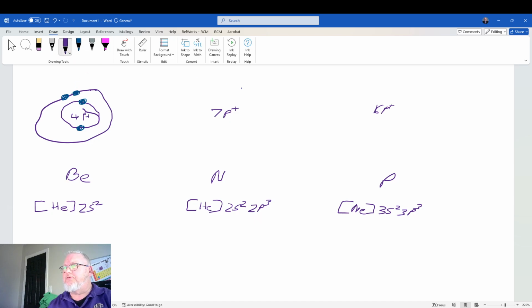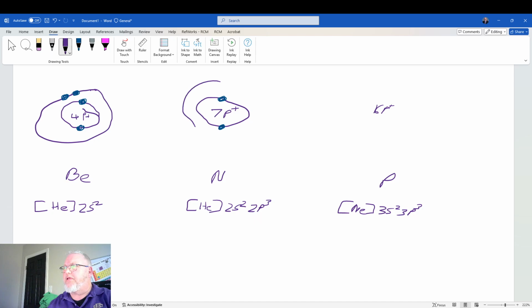Nitrogen on the first level is going to have the same first level as beryllium. It's going to have those 2 there, but then it's going to have 5 on the second level because you got the 2s2 and 2p3.